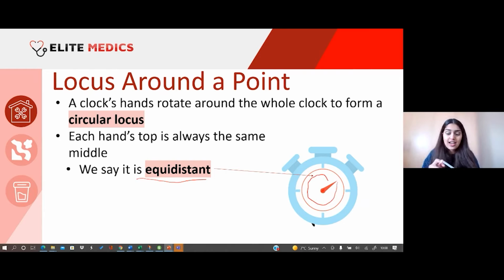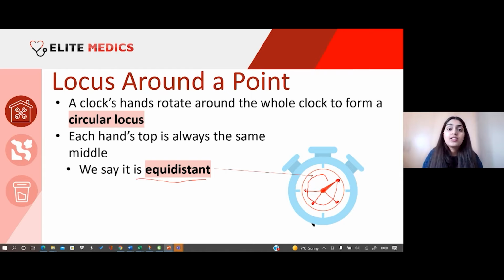So every time the hand rotates, the end point of the hand is the same distance away. If it's here, it's the same distance away; if it's here, same distance away, and so on. Around the entire circle, the end of that hand is the same distance, and this is known as equidistant.